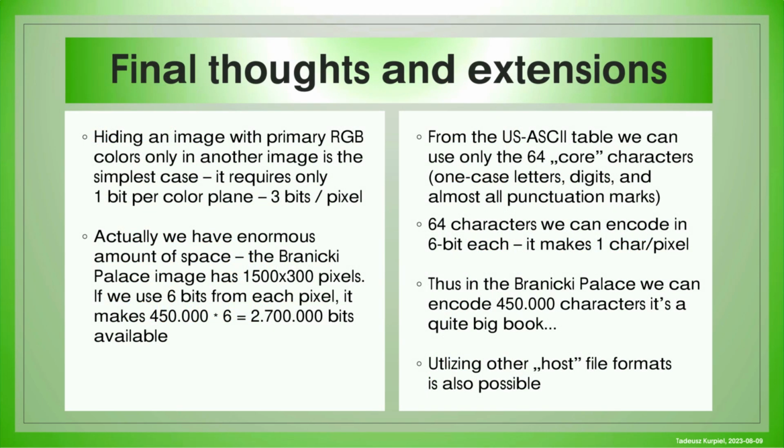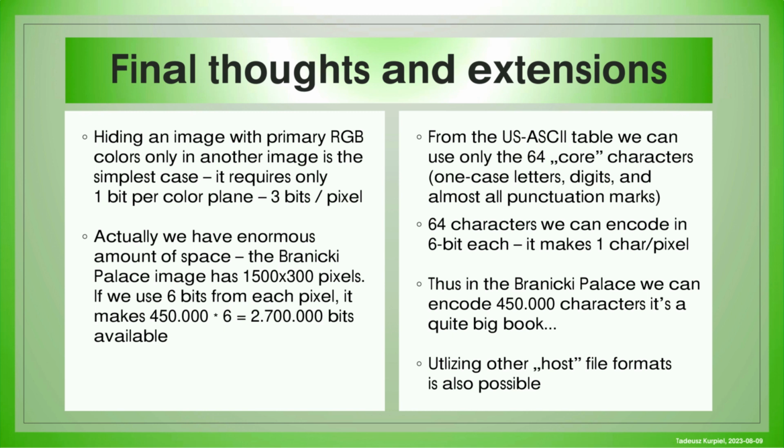And how long is the message we can encode this way? The Branicki Palace photo presented earlier is 1500 by 300 pixels. This means it has 450,000 pixels in it. Taking the two least significant bits from each of the color planes, even excluding the alpha channel from each pixel, we have 6 bits per pixel available.